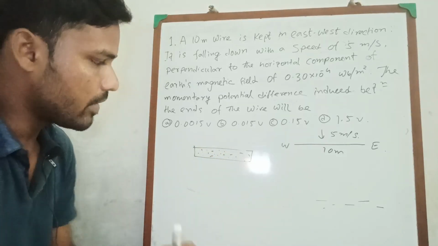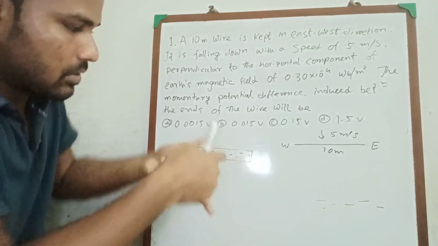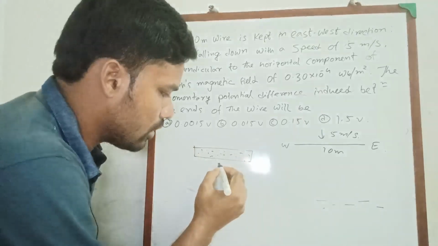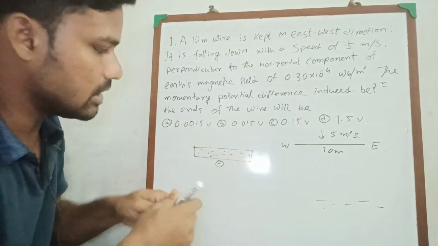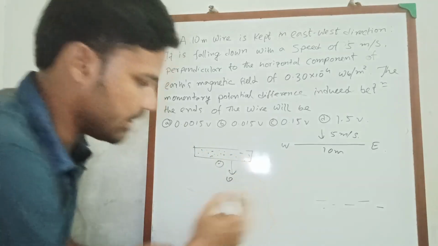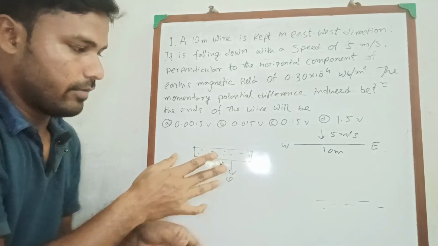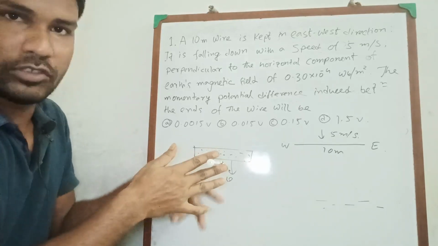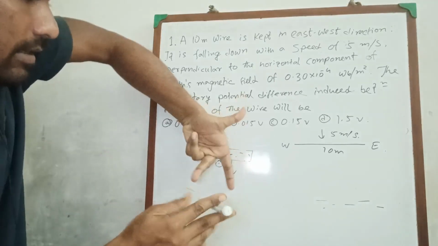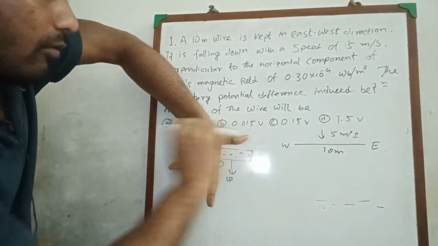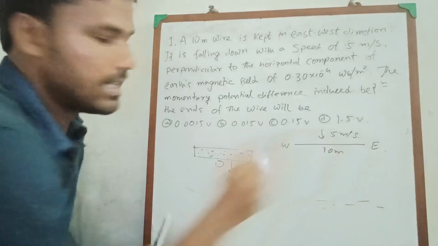From Fleming's left hand rule, this is the magnetic field direction, out of the page, and this is the motion direction v. They are mutually perpendicular, so we get the thrust, that is the force on the free electrons, towards say east.